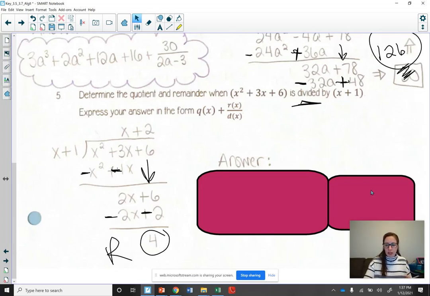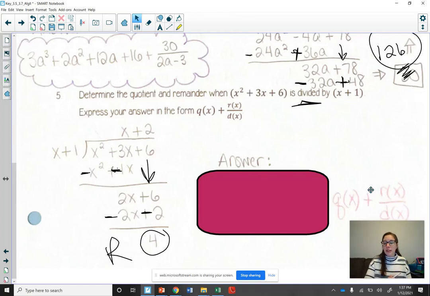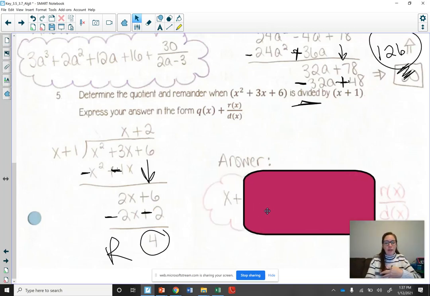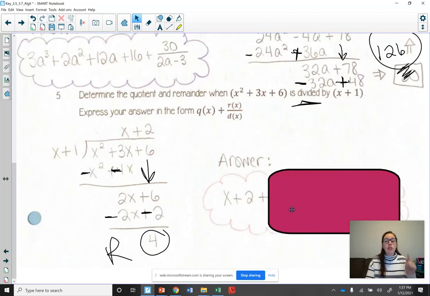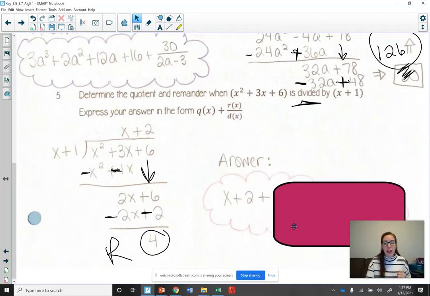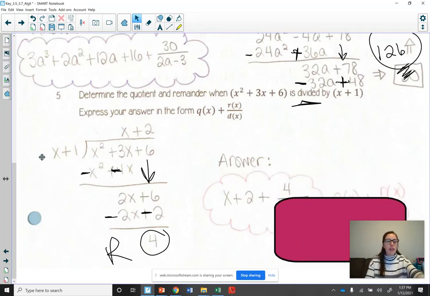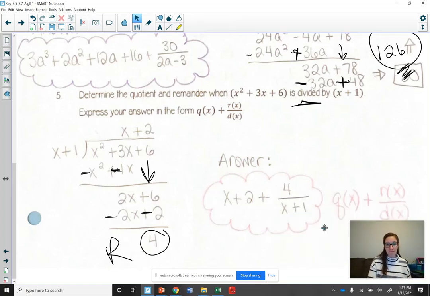So our answer, because it has to be written in this form, the quotient comes first. The quotient is what you get after you divide, the x plus 2. What do you do when there's a remainder? You add that remainder as your numerator with the divisor, what you divided by, x plus 1 as the denominator. Okay?